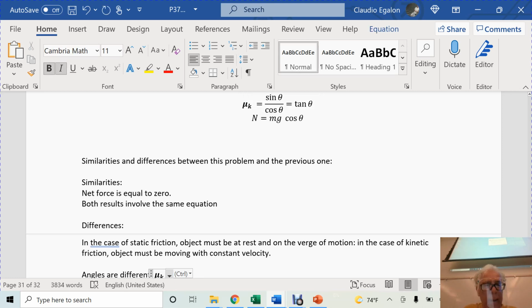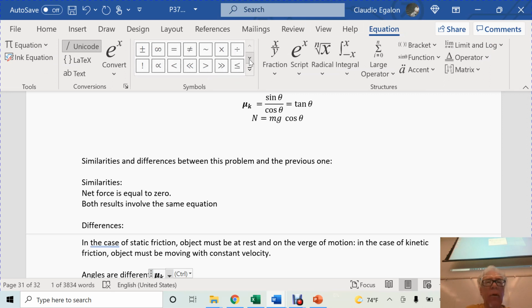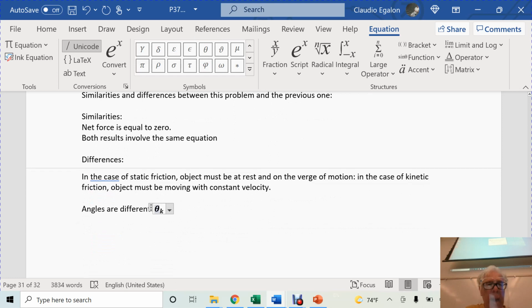You know, the angle for the coefficient of kinetic friction in general is less or equal than the angle of static friction.